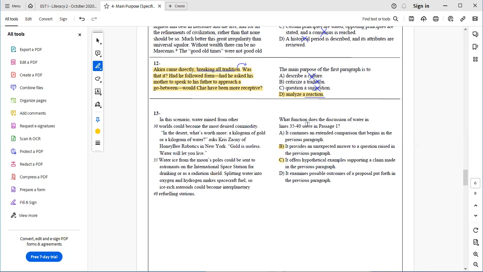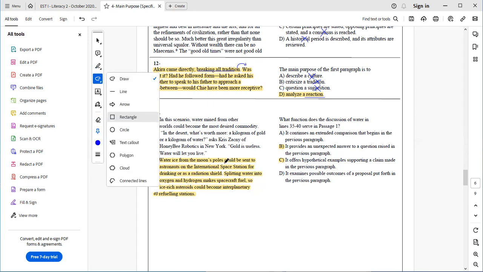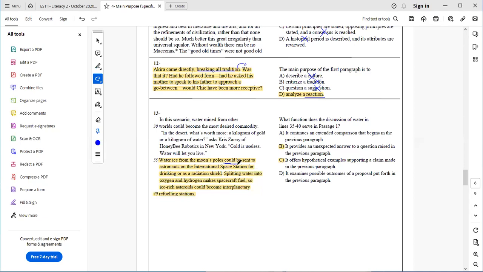Let's find. He said, what function does this discussion of water in lines 35 to 40 serve in passage 1? I need the first sentence and the last sentence. He said, water ice from the moon could be sent to astronauts on the International Space Station for drinking or as a radiation shield.